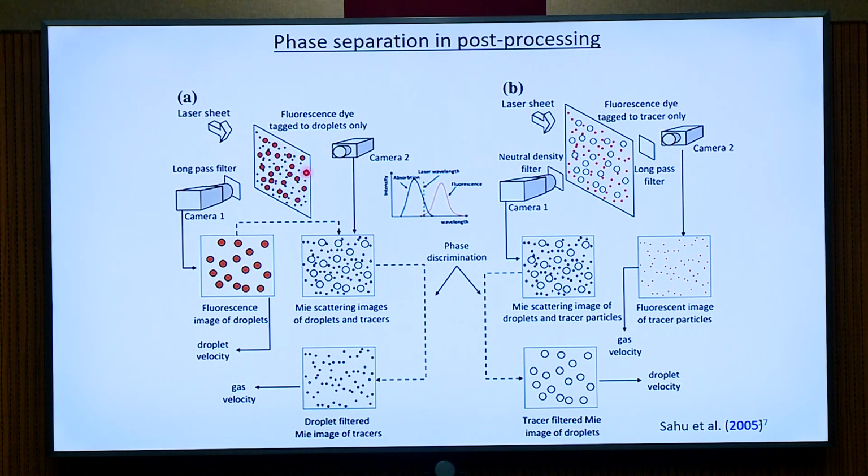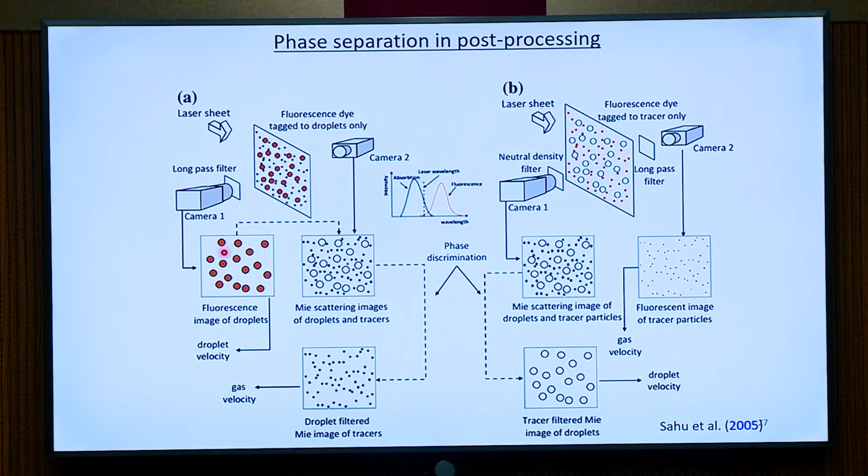For example, consider this case. Here we have the liquid particles which are tagged with some dye, and then we have the tracers. When we illuminate that with, let's say, 532, then in one camera you can capture the fluorescence images of the droplets only. Here you won't capture the tracer particles at all.